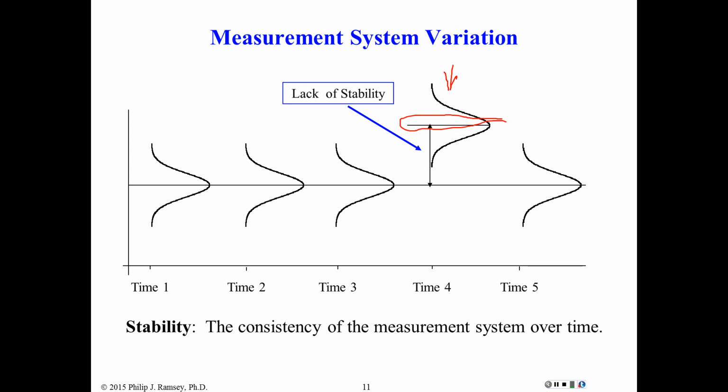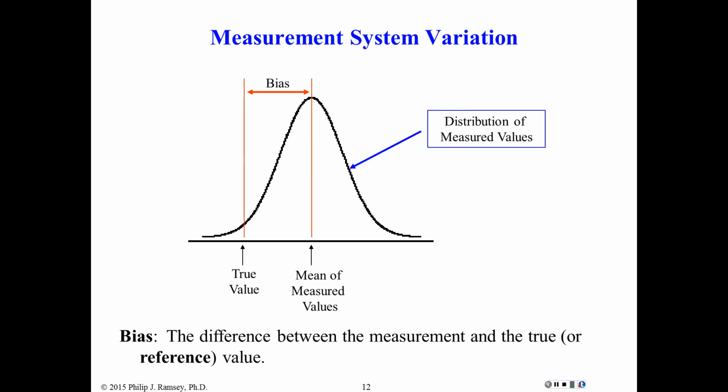Analytical equipment in laboratories are notorious for drifting. That is, over time, the overall level of the measurements is trending up or trending down, indicating that you're getting increasingly inaccurate measurements over time. Okay.